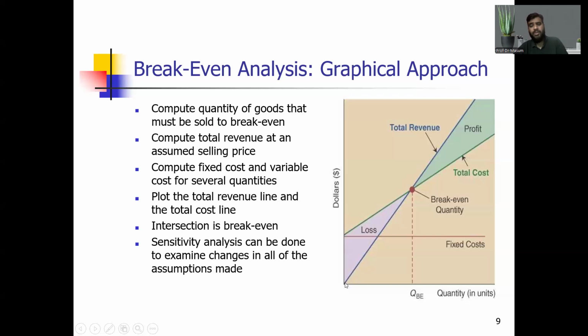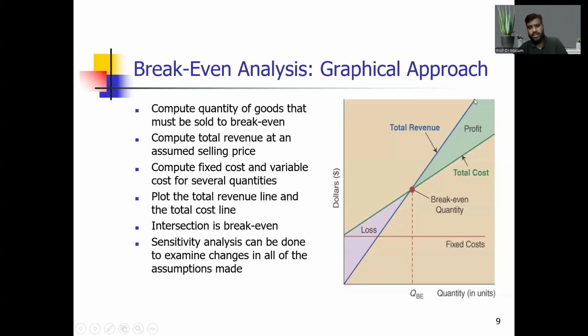And total revenue will begin from zero. Because if you sell one unit, then your revenue will increase by this amount. So for example, this is one quantity, 2, 3, when you are increasing your sales, your total revenue is increasing.